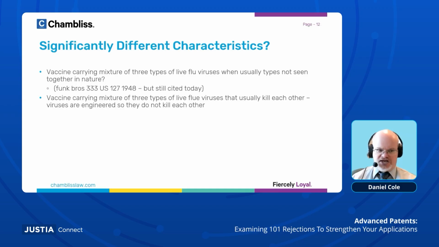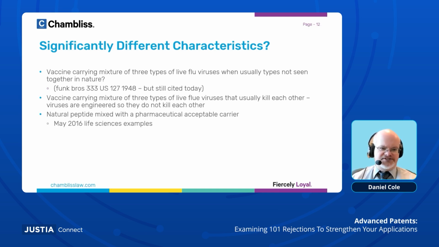If you change the item somehow such that they now do not kill each other, they're not killing each other anymore, you're going to end up saying, okay, this is not the way they are in nature. Since this is not the way they are in nature, there's not going to be a 101 exception. You've gotten significantly different characteristics, and since you've got significantly different characteristics, you are now not subject to the 101 exception.